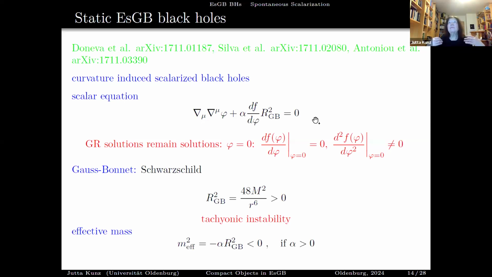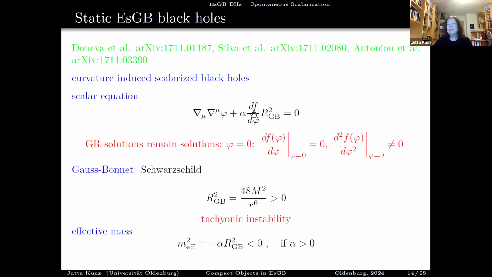Now we want to have the black holes of general relativity remain solutions of the field equations. This means we need solutions where the scalar field vanishes. And so if we put the scalar field to 0, then we don't want a source term.